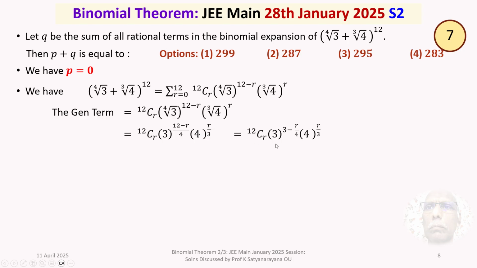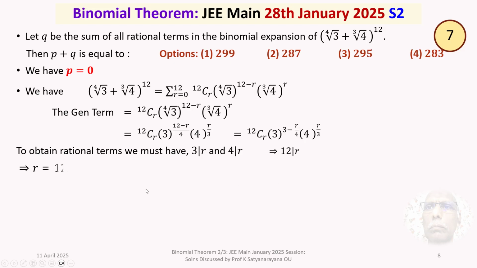That means the terms which are rational. And for that, to obtain rational terms, we must have 4 divide (12 - r) and 3 divide r, and the LCM of 3 and 4 is 12. It will imply 12 divides r. That means r is equal to a multiple of 12.